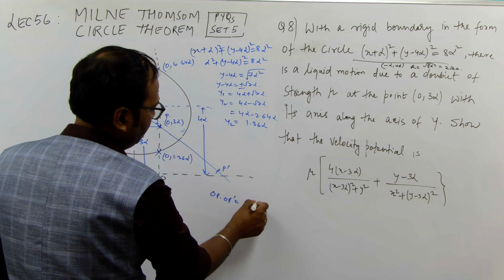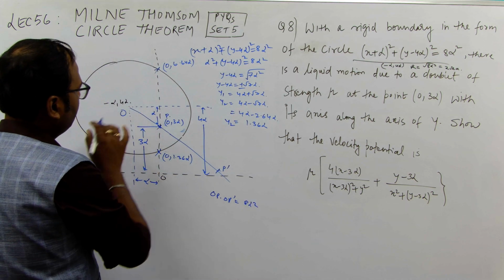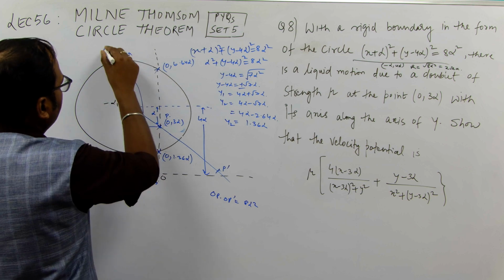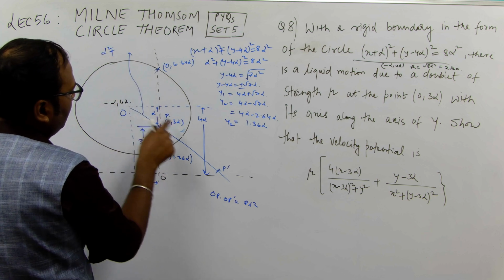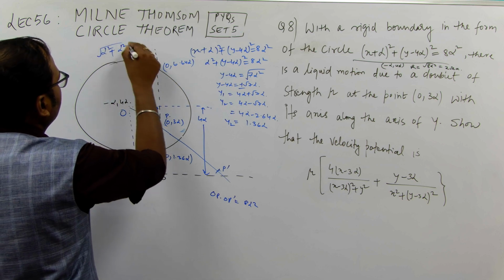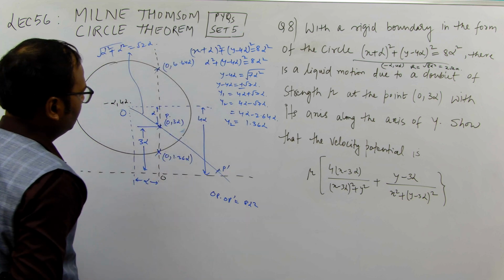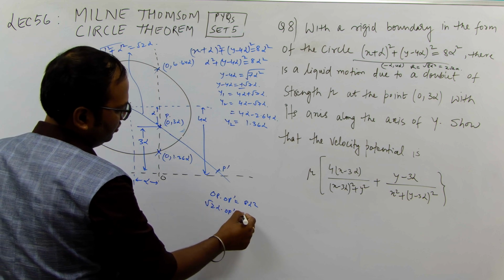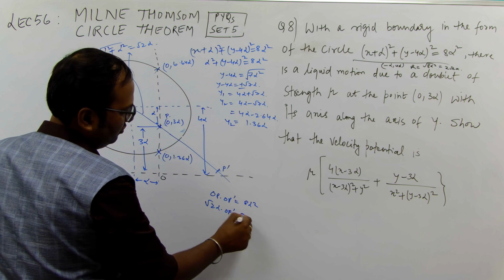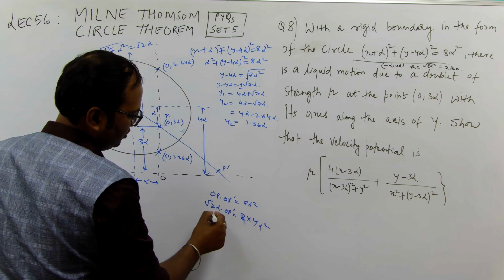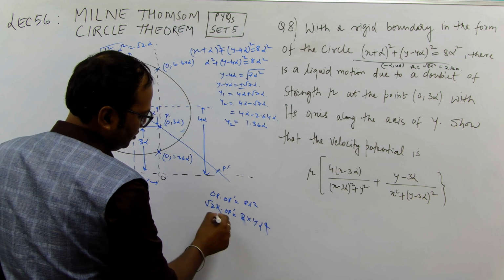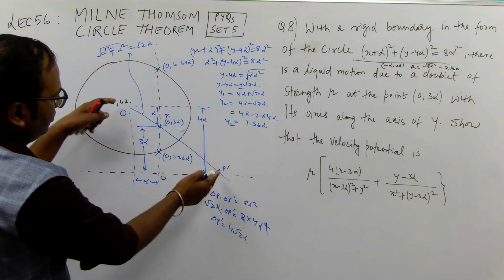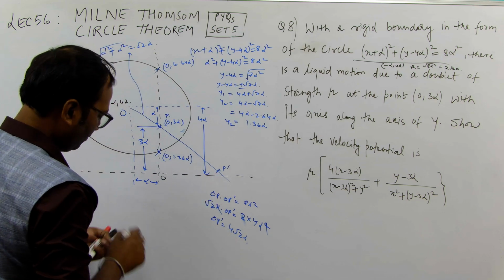Let us calculate the distance OP: it is the square root of alpha square plus (4 alpha minus 3 alpha) square, which is root 2 alpha. So root 2 alpha into OP dash is equal to 2 into 4 alpha square. Alpha gets cancelled, so OP dash is 4 root 2 alpha. This whole distance is 4 root 2 alpha.